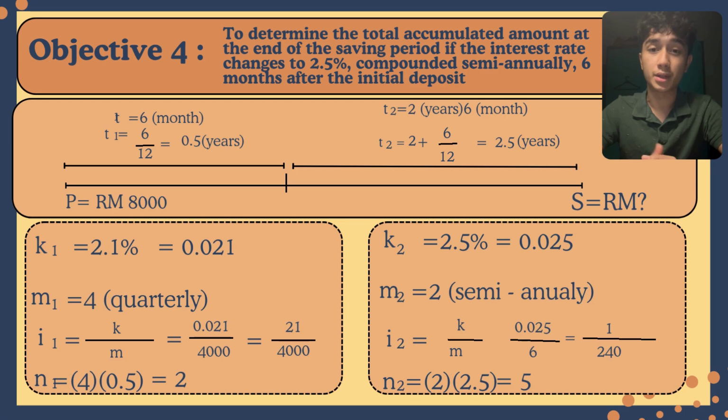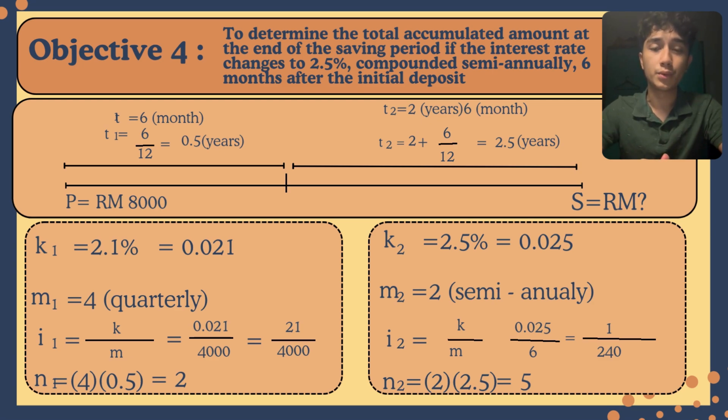So let's insert it. S1 equals 8,000 open bracket 1 plus 21 over 4,000 close bracket to the power of 4. So we get the answer S1 equals RM 8,169.33 cent.